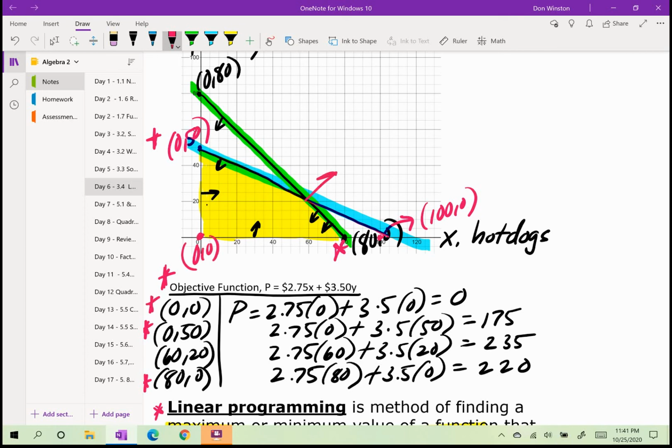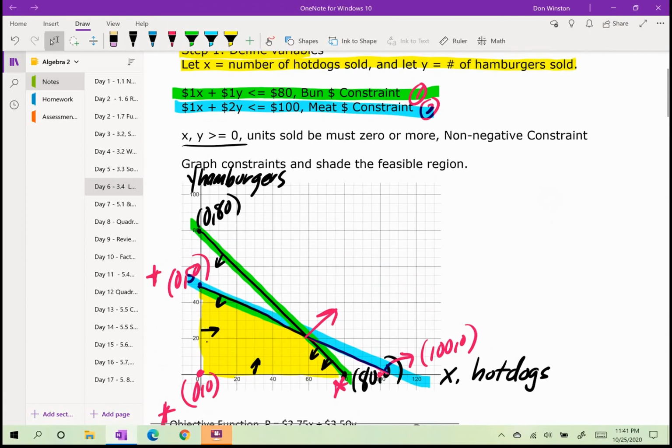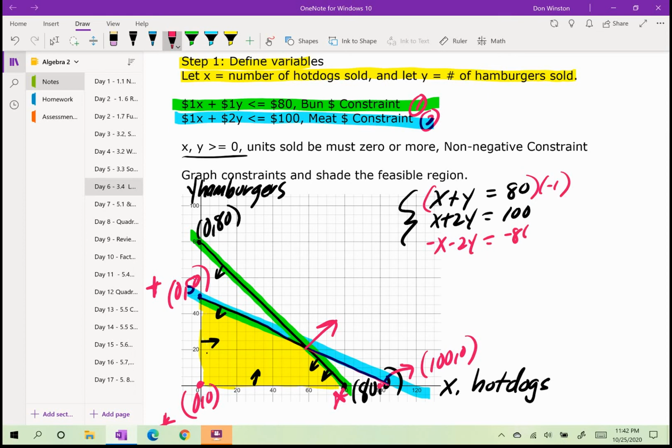And so the last corner point, we have to figure out the intersection there. The corner point of that feasible region. Well, that's a solution to two equations, to my constraint equations. Equation number 1 and number 2. So I have x plus y is equal to 80, and then x plus 2y is equal to 100. Okay, so that's my system of equations. I can use elimination or substitution. I'll just use elimination. I'll multiply the top equation by -1, so that will give me negative x, negative y equals negative 80.